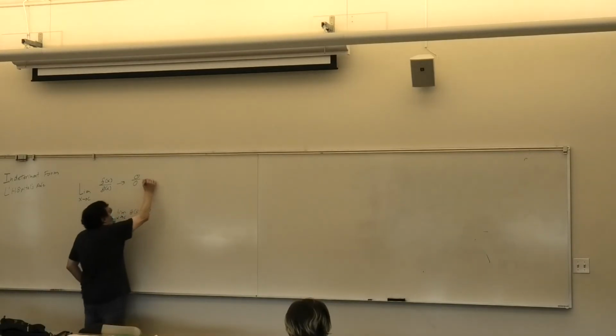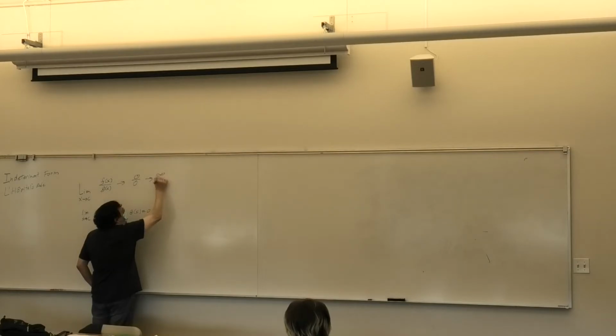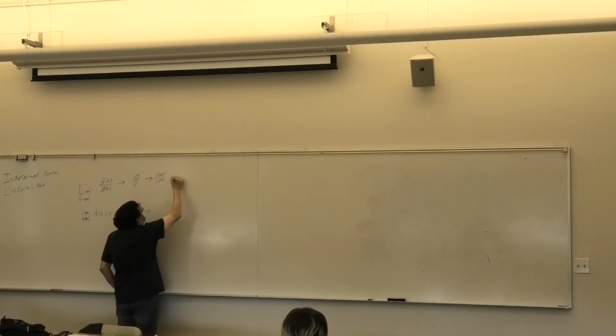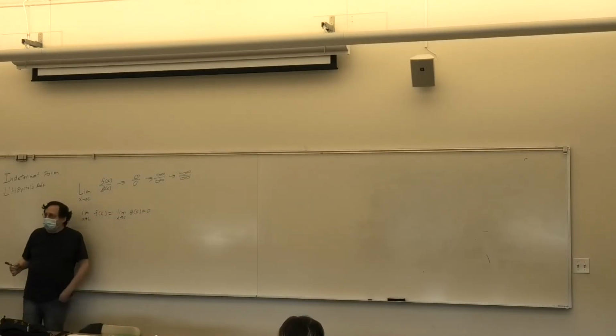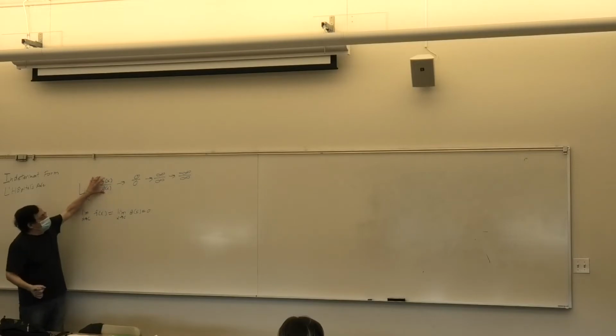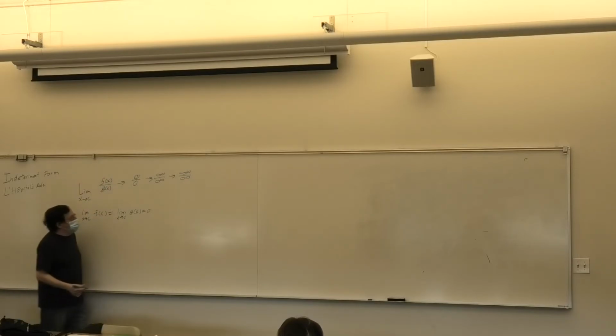It also could be infinity over infinity. It could be negative infinity over infinity. And there are a number of other forms that can be converted to look like this, so we could use L'Hopital's rule.